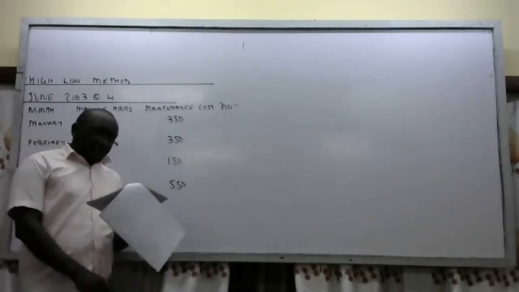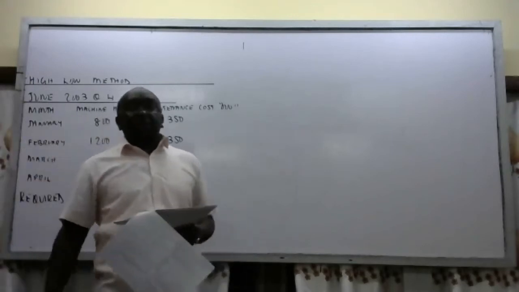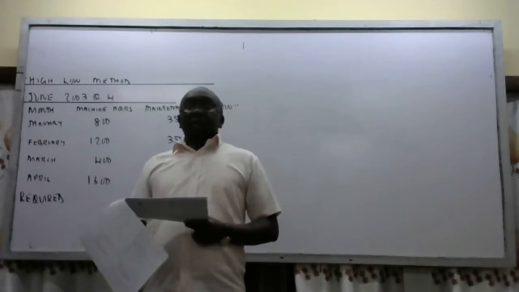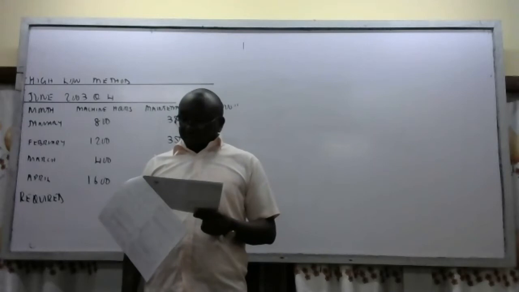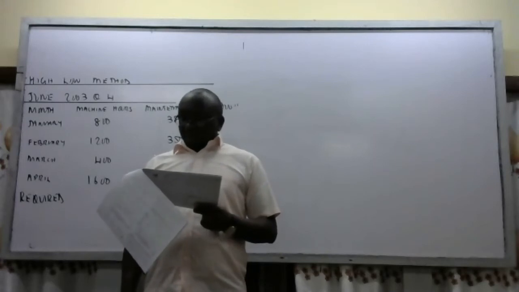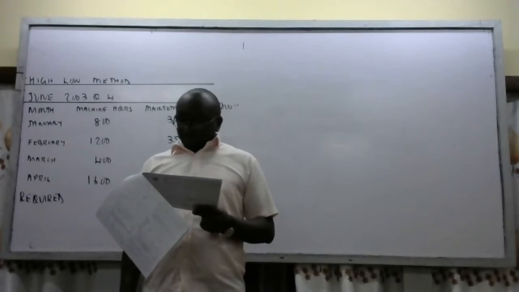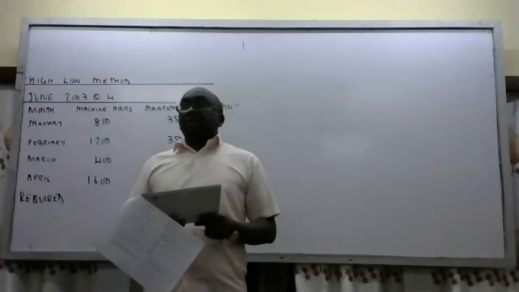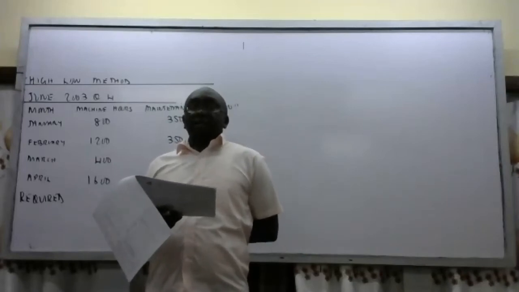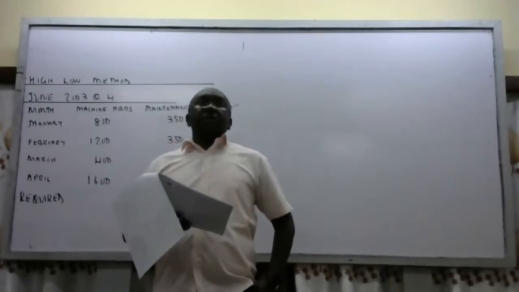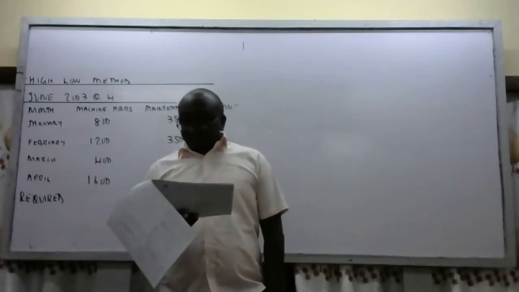Required: determine the cost estimation function using: Roman 1, high-low method, which was given 5 marks.